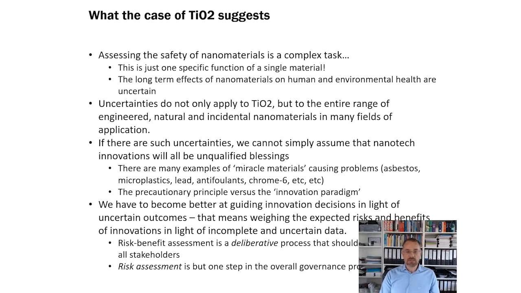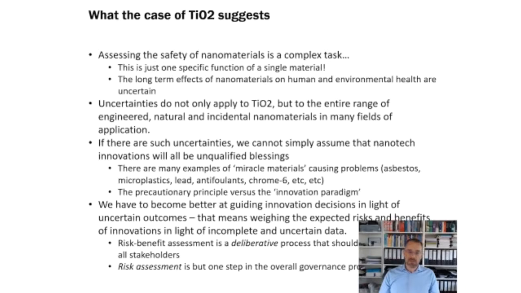The debate among risk assessors underlines that there are still many uncertainties around the long-term effects of the material on human and environmental health. And these uncertainties do not just apply to titanium dioxide, but to the range of engineered, natural and incidental nanomaterials in many fields of application, from food to consumer products and from paints to textiles.